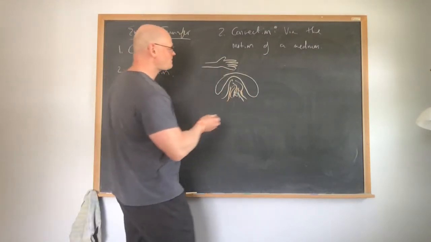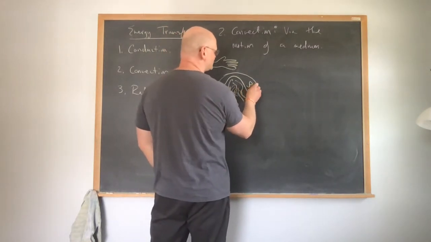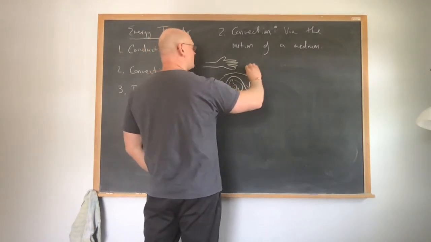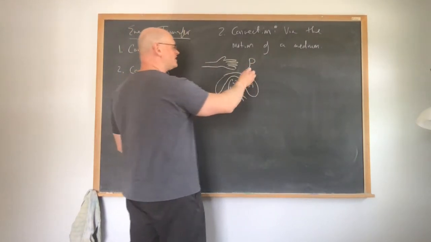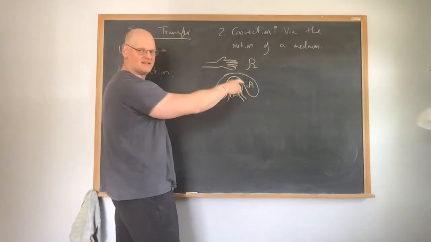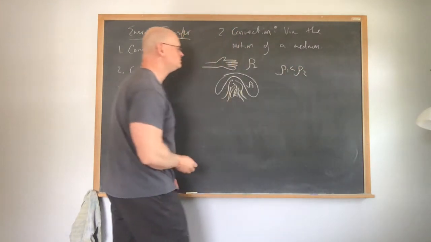Right? So basically, let me call the density of the air here density 1, versus the density of the air out of this little pocket of air, density 2. The density of 1 is going to be less than the density of 2.